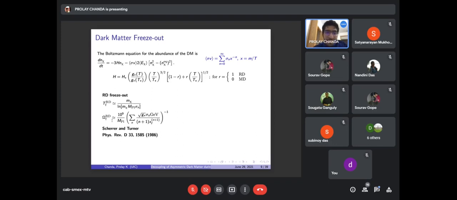Also interesting is the relic density. Let's say we want to fix the relic density to the currently observed relic density of the dark matter. Then for one cross section, we can have one dark matter mass, where the mass dependence comes through the freeze out temperature.